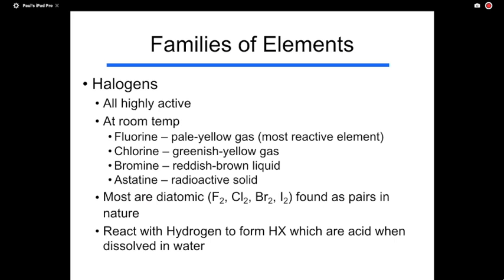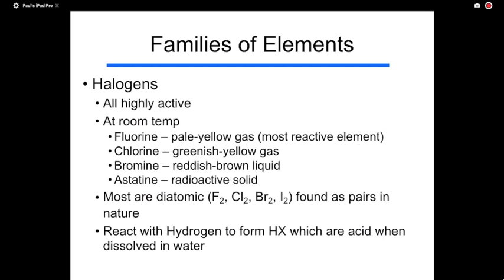All right. Each family tends to have a characteristic. The halogens are group number 17 up there. It starts with fluorine. They can be described in two ways, as being highly active. Another way to say that is that they're highly reactive.